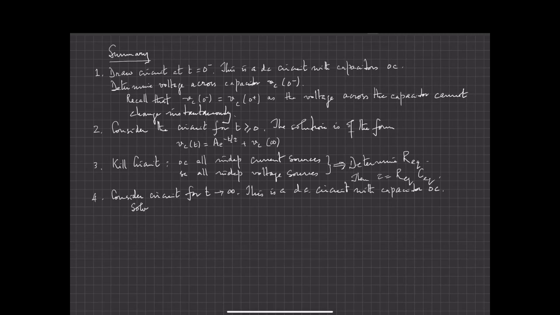Solve for Vc of infinity. Remember, this is a constant. And then we have step 5. So we've determined tau, we've determined Vc of infinity. All we now need to do is determine A.